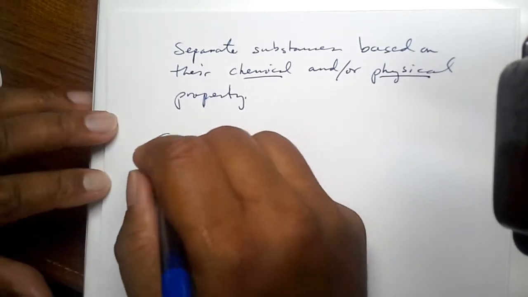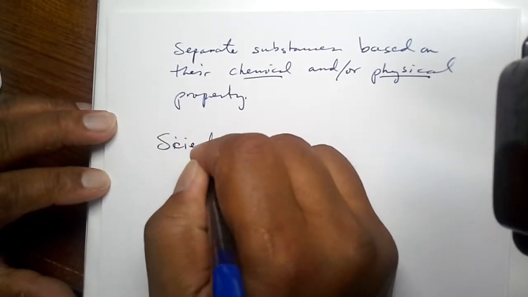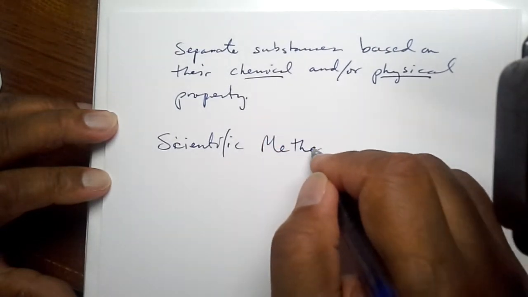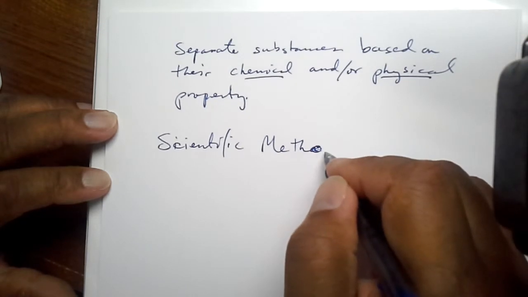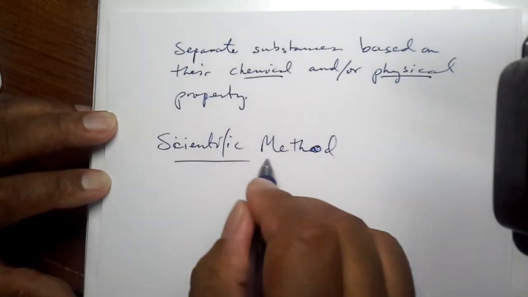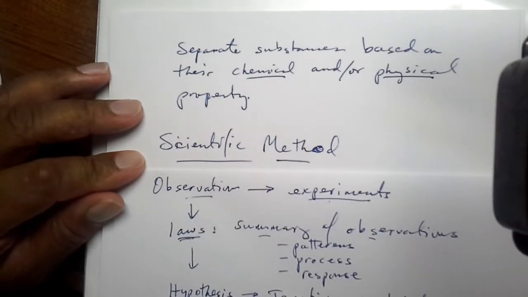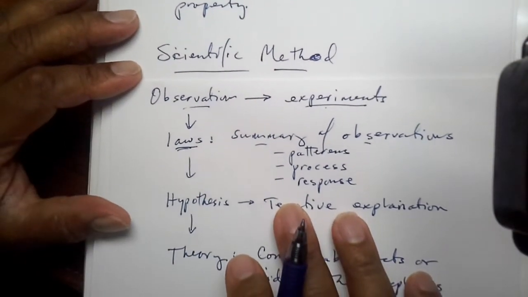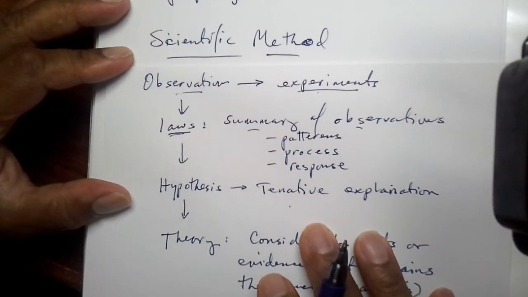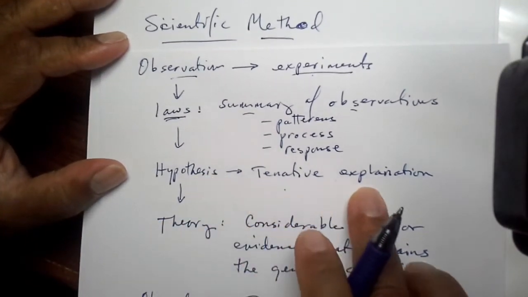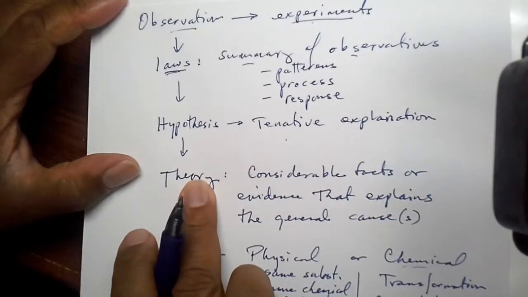So, what I just described is a scientific method where we take our observations, we do experiments, we determine what the laws are, then we summarize these observations and develop a hypothesis or a tentative explanation which will give us a theory.